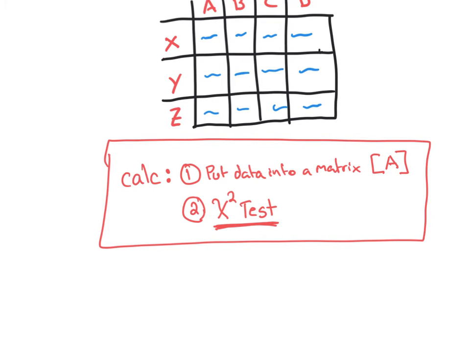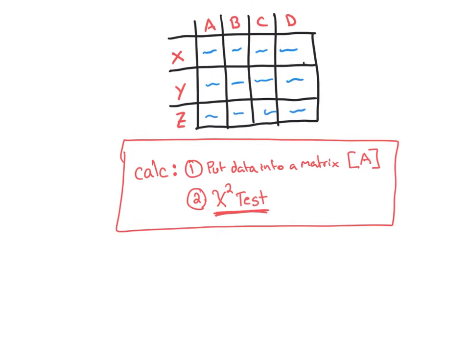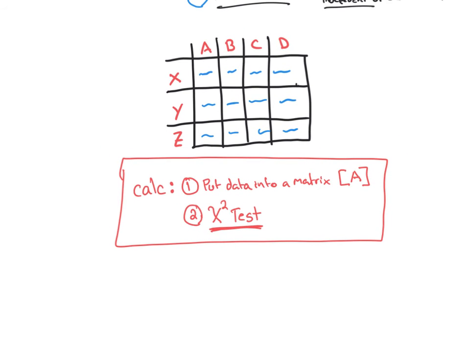It just needs to know where is the observed matrix. I'm going to put it in A, chi-square test, and you tell it where you want the expected matrix. I typically want the expected matrix in matrix B, so I just tell it that. So that's what you do in your calculator. That will get you most of the information that you need, right? That in the calculator and go.